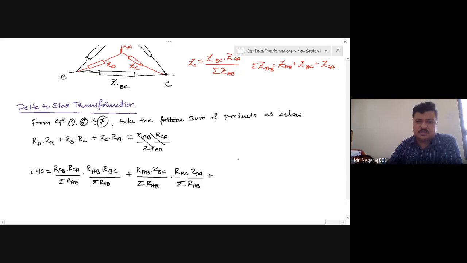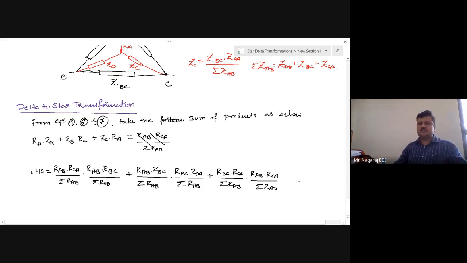Plus the third term, RC into RA. So RC is RBC into RCA divided by summation RAB, into RA, which is RAB into RCA divided by summation RAB. So now we have 6 terms here.